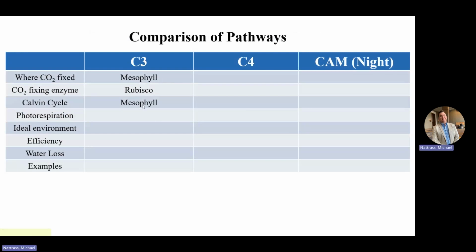So carbon dioxide is going to be fixed in the mesophyll cells in at least the C3 and the CAM, and C4 as well. The biggest difference between C4 and C3 is the carbon dioxide fixing enzyme. In C3, it's Rubisco. In C4, it's PEP carboxylase.